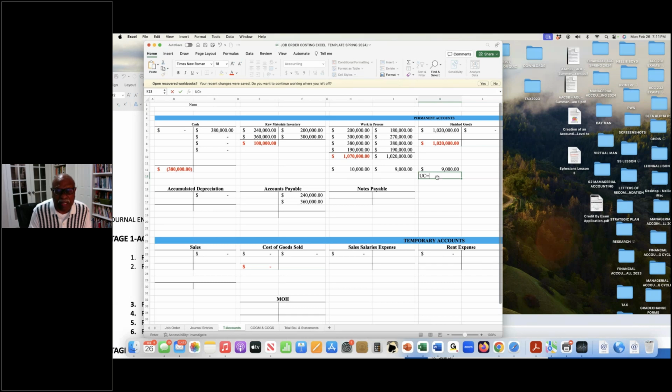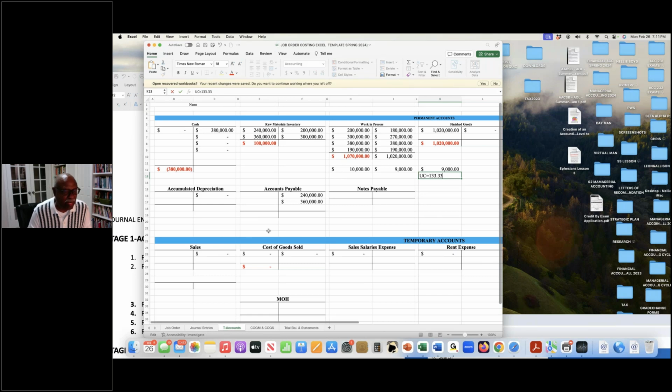How much is that unit cost going to be? 113.33. Any question? So all we did was, we only finished 9,000. It was $1 million, so it's 113.33.